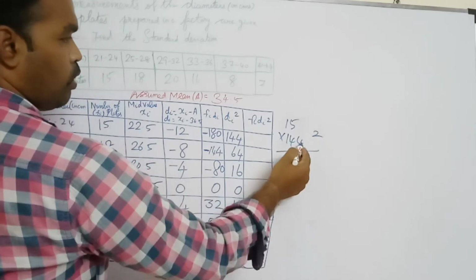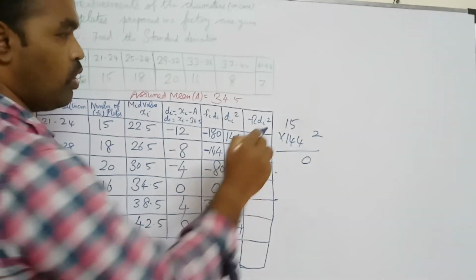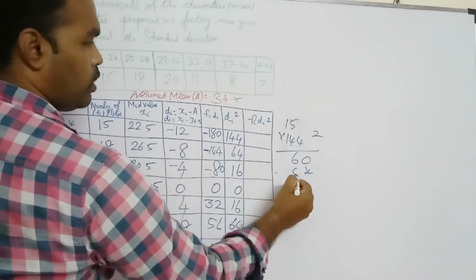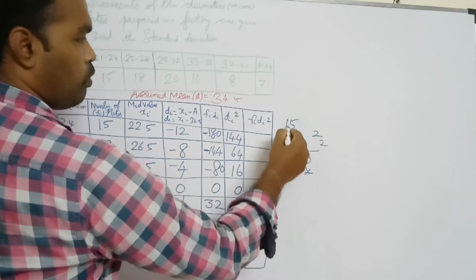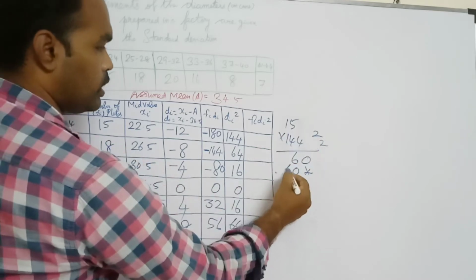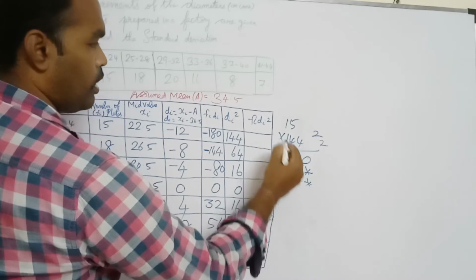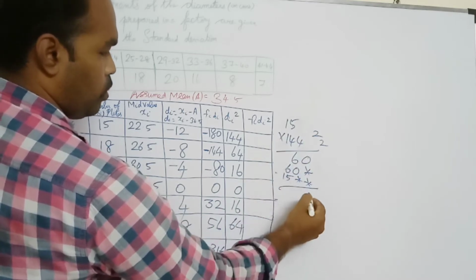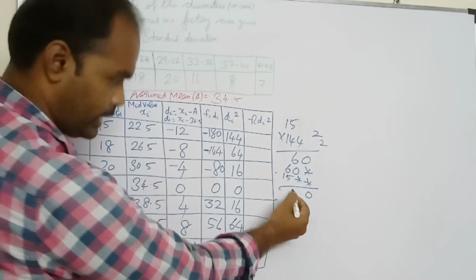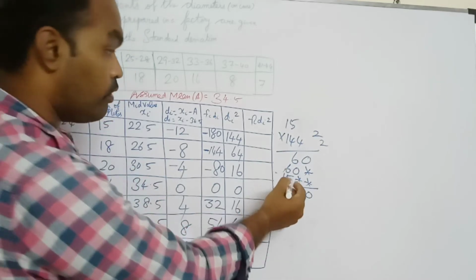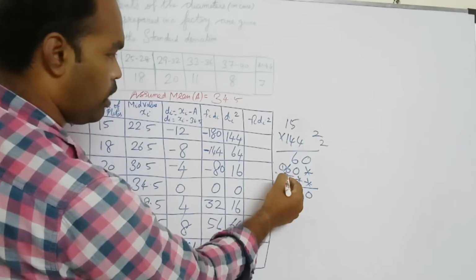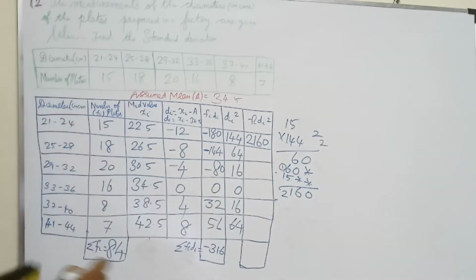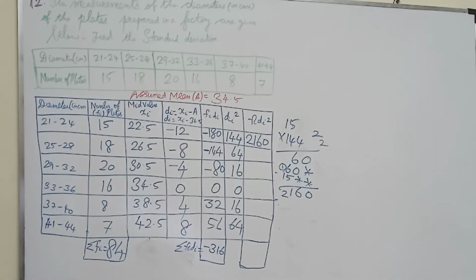Balance 2. 4 1s are 4. 4 plus 2, 6. 5 4s are 20. Balance 2. 4 1s are 4. 4 plus 2, 6. 1 into 15 is how much? 15. So 0. 6 plus 0, 6. 6 plus 5, 11. Balance 1. 1 plus 1, 2. So 2160.